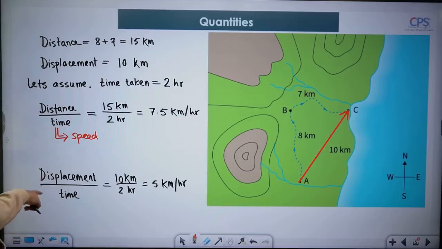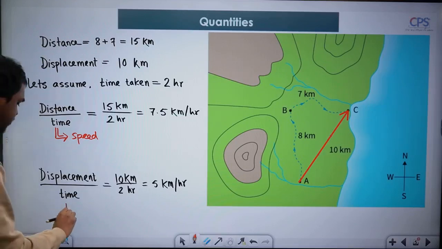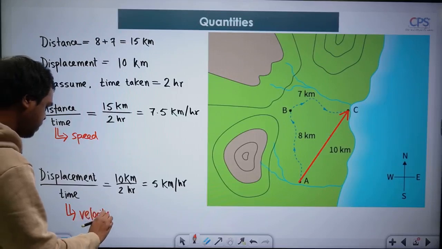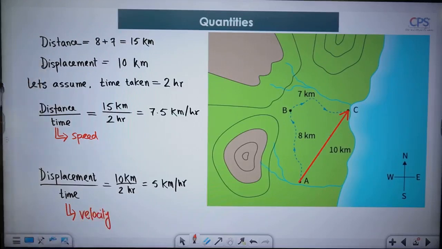And the rate of displacement covered by a particle is called velocity. So velocity is the rate of displacement and speed is the rate of distance covered. These are 2 different things.